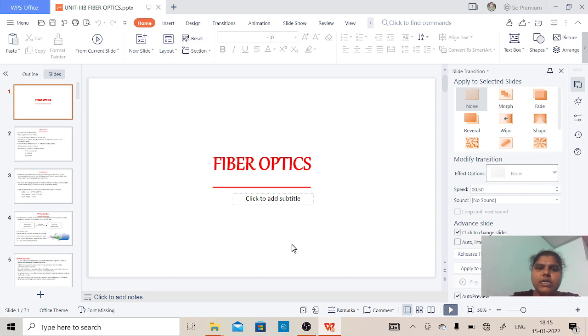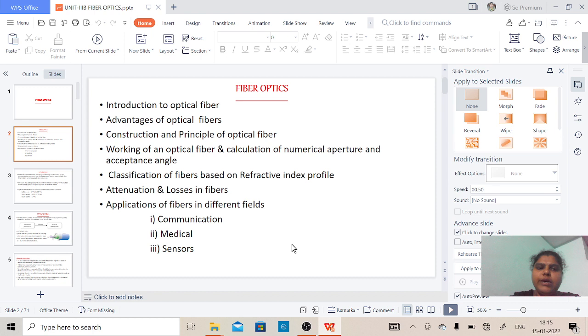Let us see what fiber optics is and what basic topics we discuss in this chapter. Introduction to optical fiber: what is optical fiber and what are the advantages of optical fibers, construction and principle of optical fiber, working of optical fiber, and calculation of numerical aperture and acceptance angle.